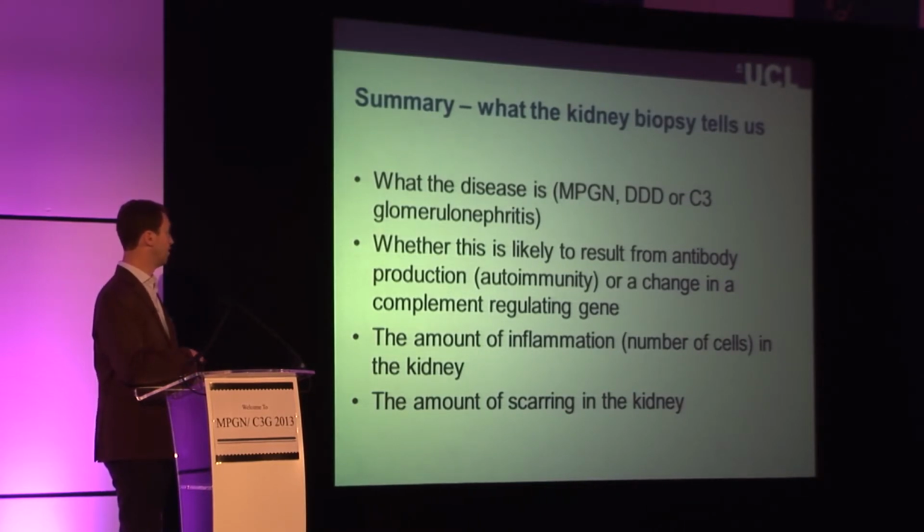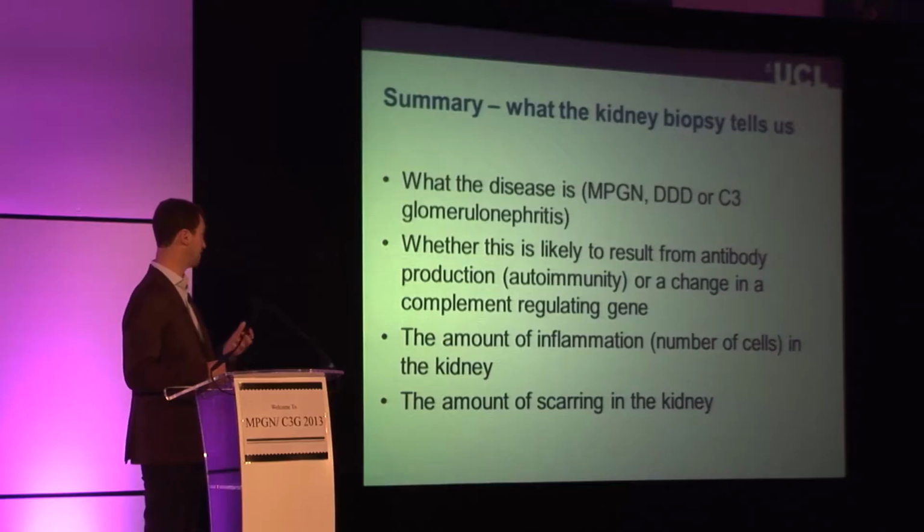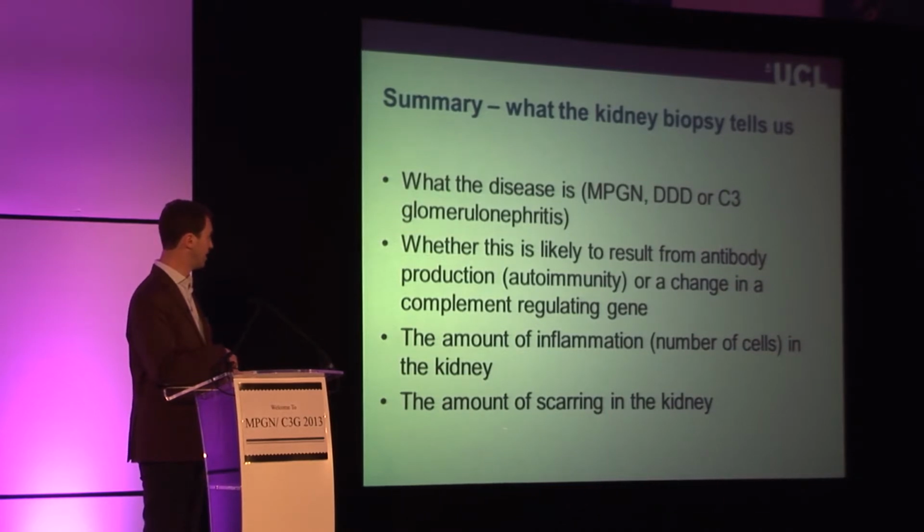We can also tell how severe it is. There can be mild MPGN or severe MPGN just by the extent of the changes in the kidney biopsy. That's a subjective description made for each individual patient by the person looking at the biopsy. We can also tell from the biopsy how much scarring there is in the kidney. This is important because it gives us some idea of what is likely to happen over the course of the next few years for the disease.